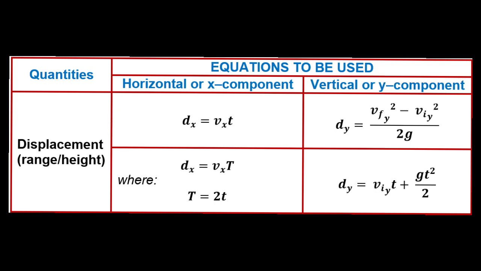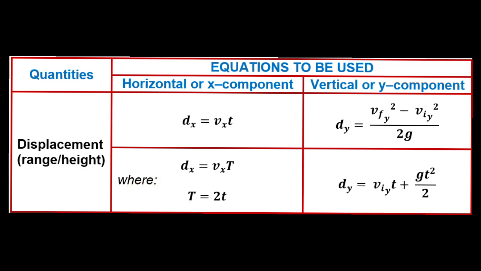The next formula is dx is equal to Vx times big letter T. Big letter T here stands for the time it took for the projectile to cover the whole range in a complete parabola, which is equivalent to 2 times small letter t.